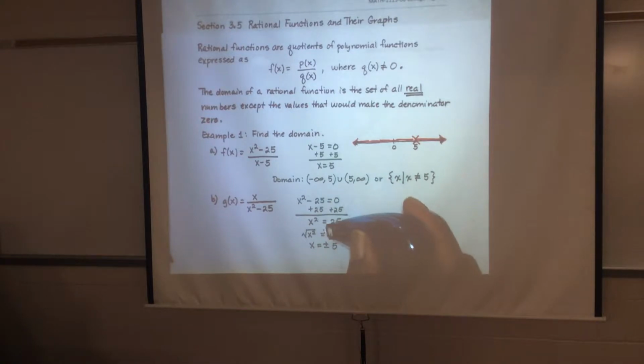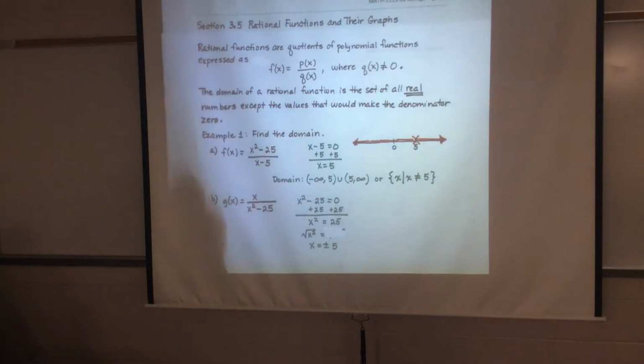I'm going to work this out so I can include the plus or minus in this problem. So at x equals 5 and at x equals -5, we are going to have a 0 in the denominator.